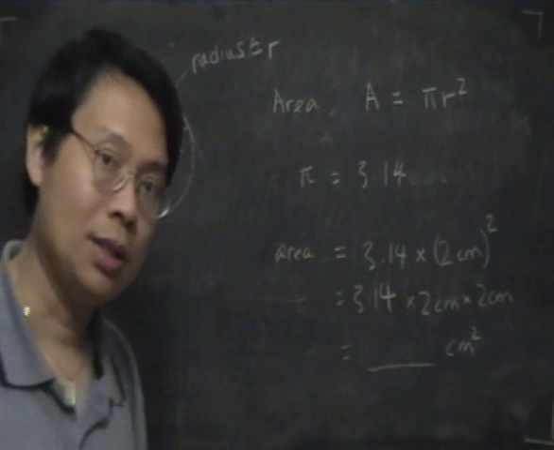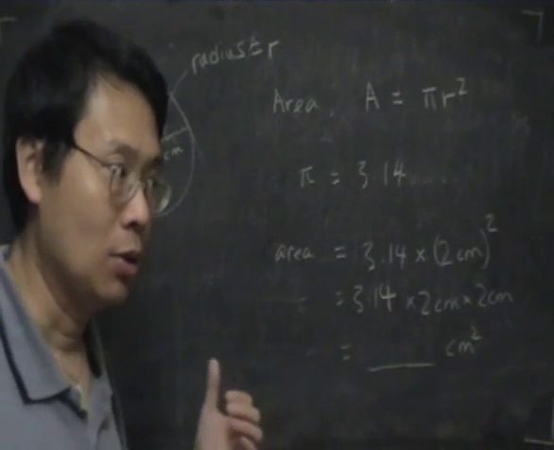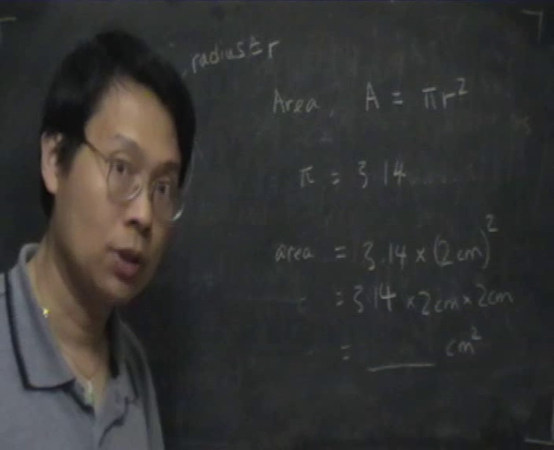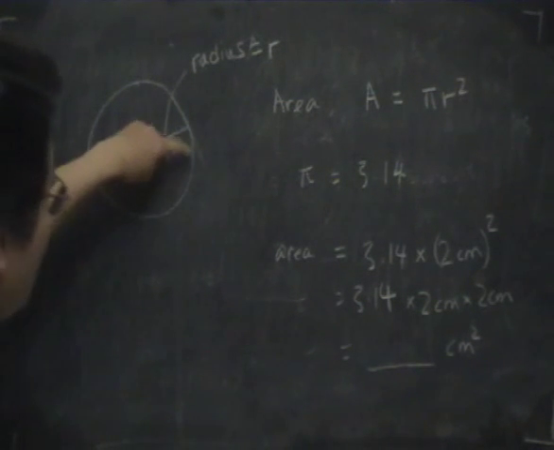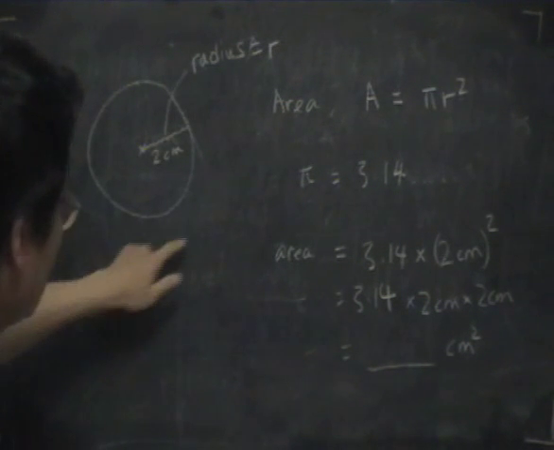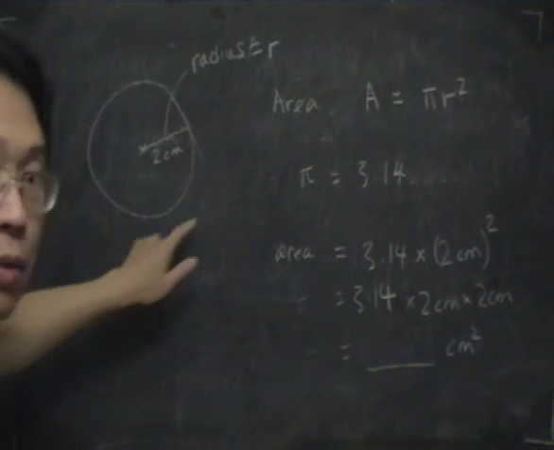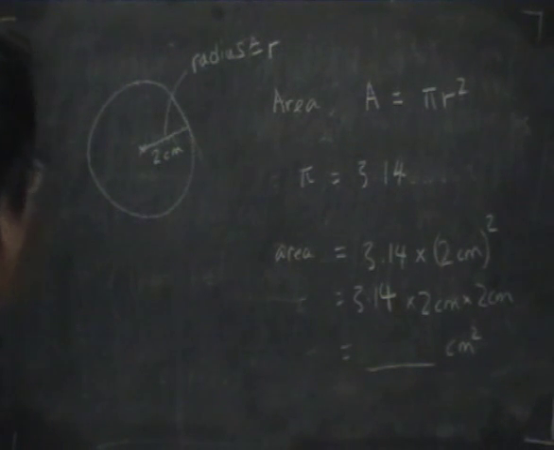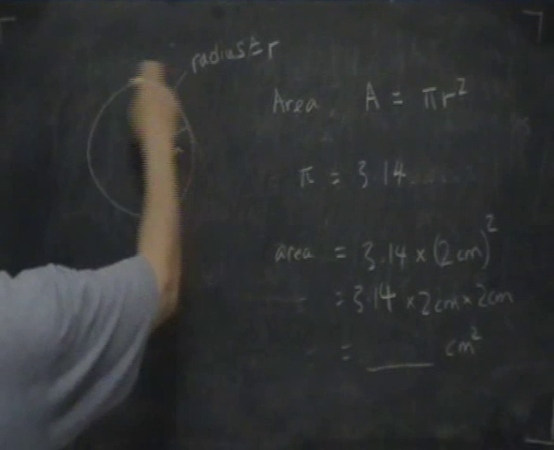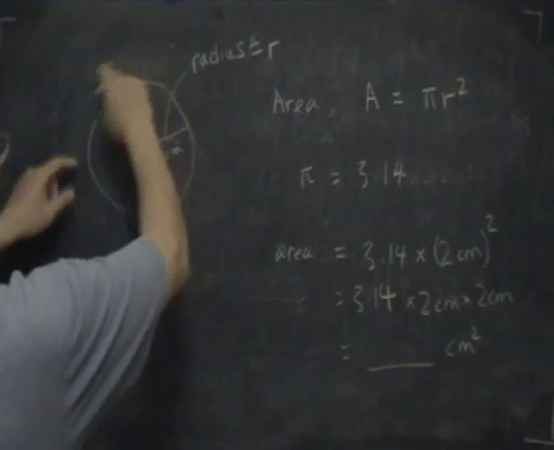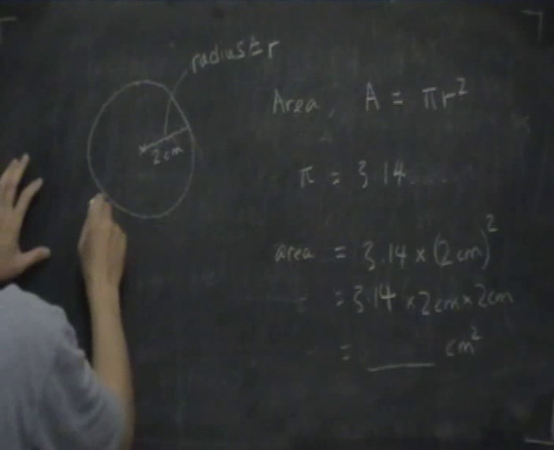But there is another part of the circle that we also often need to find, and that is the length of this side around the circle. Now the length of this circular side of the circle also has a name.